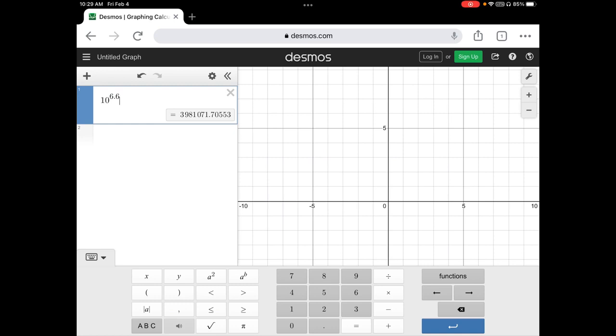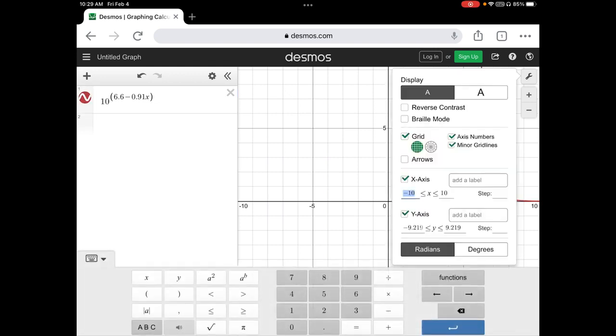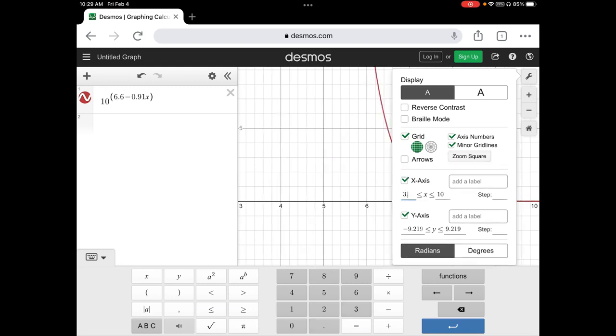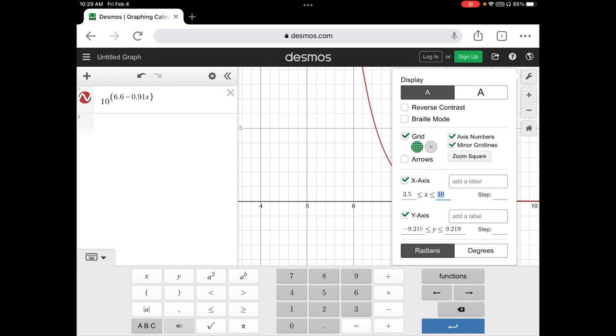It should be on the top itself, so I'll write it in the form of a bracket: 6.6 minus 0.91 times x, and the x values are from 3.5 to 7.